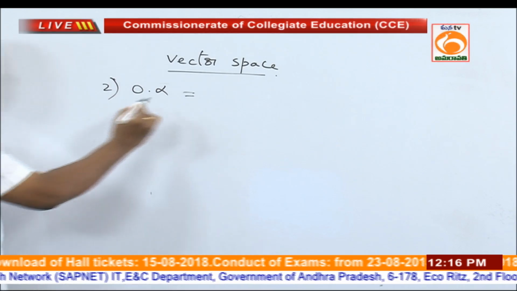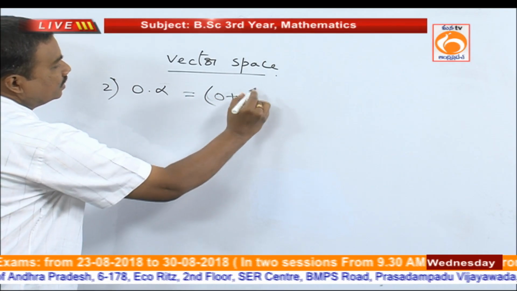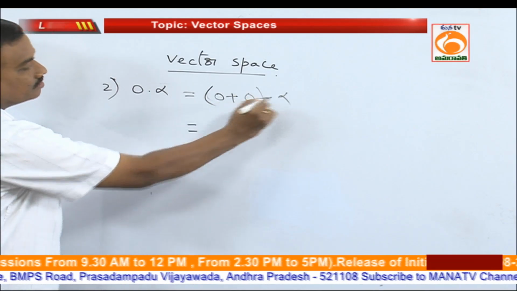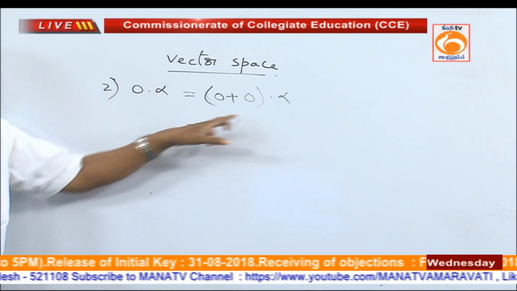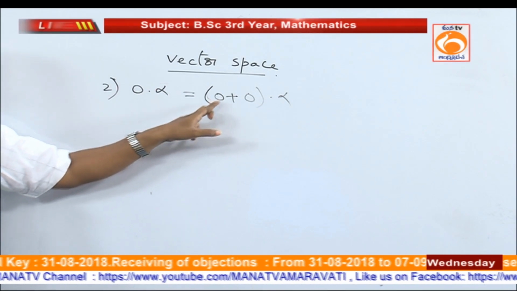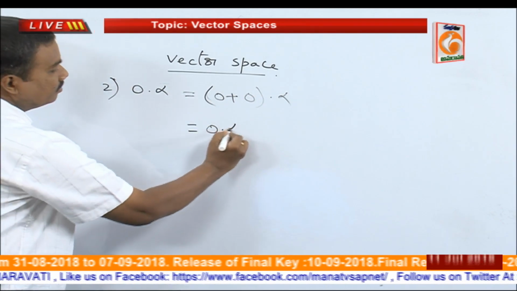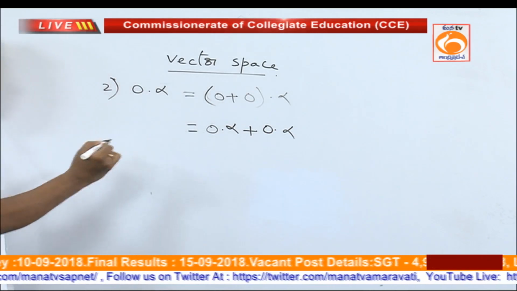How? Write 0 as 0 plus 0, then 0 plus 0 dot alpha, since we are in the field and in the vector space, I can apply A plus B dot alpha, which is nothing but A dot alpha plus B dot alpha, that is 0 dot alpha plus 0 dot alpha.